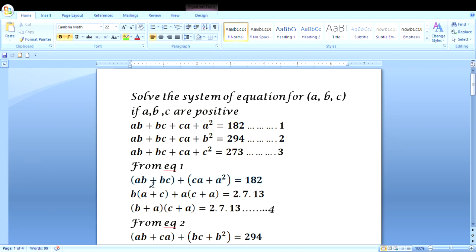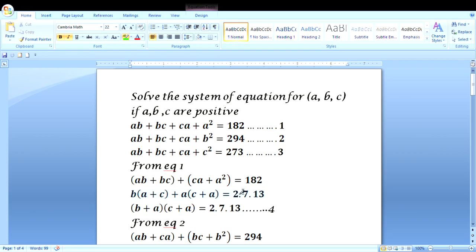If you look at this expression, the common factor is B. So we bring that B here, and this becomes B(A + C). Here, the expression CA + A², the common factor is A. So if A is factored out, it becomes A(C + A).